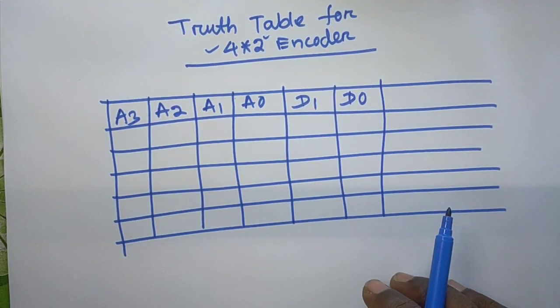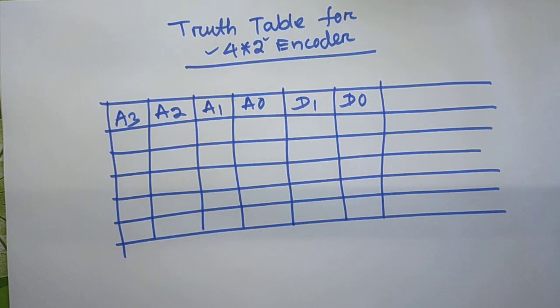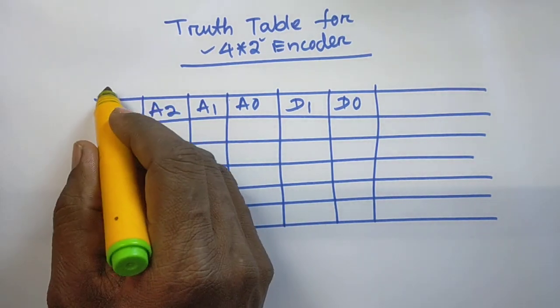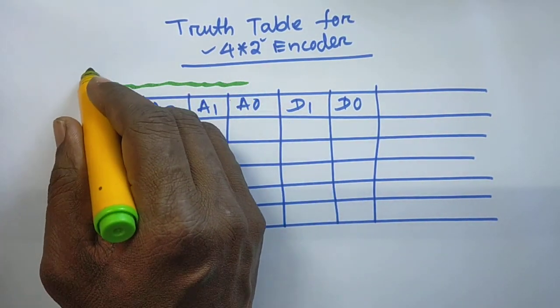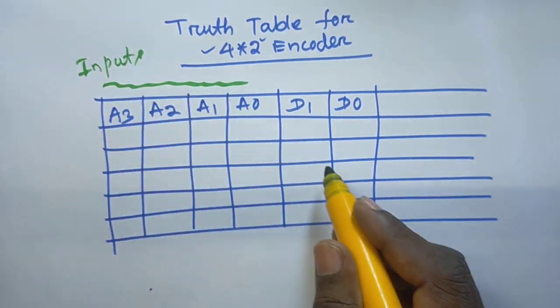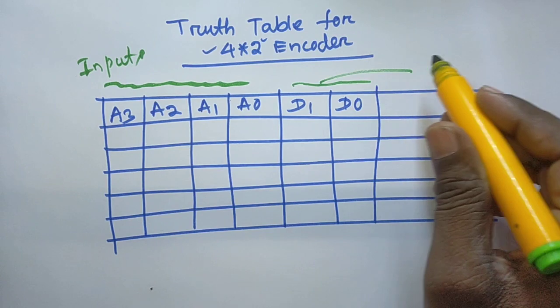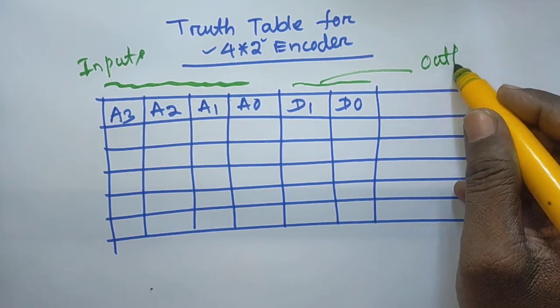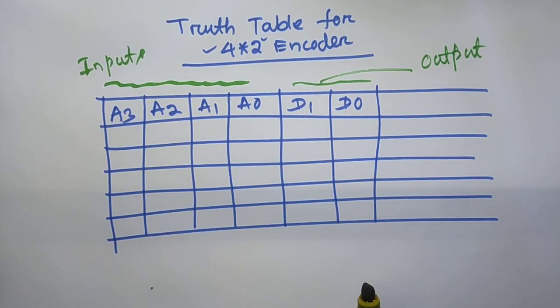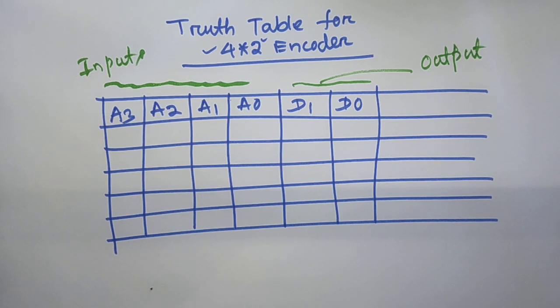Here these are inputs and this is output. This is input and this is output. So now see, whenever we provide input, how to get output.